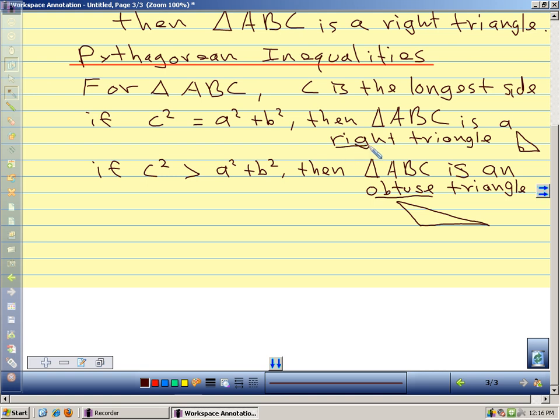And we have the last possibility, if c squared is less than a squared plus b squared, then what do you think we have? Acute.